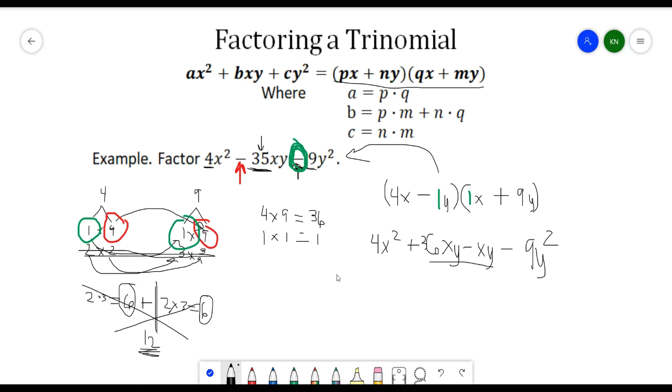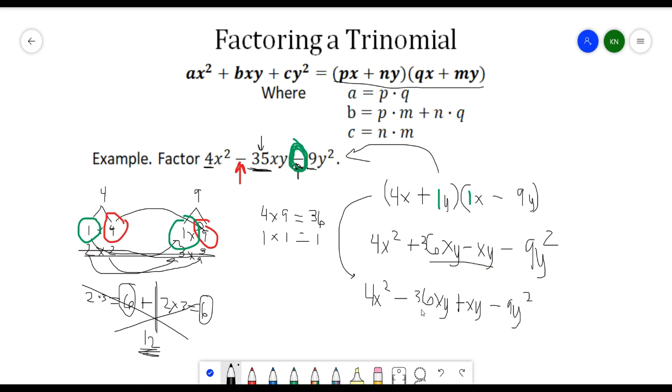So you need to change the sign, meaning you need to change this to positive and the other one should be negative. Now, if you check this again, this is now equivalent to 4x squared, multiplied by negative 36xy, and we have positive xy multiplied by negative 9y squared.